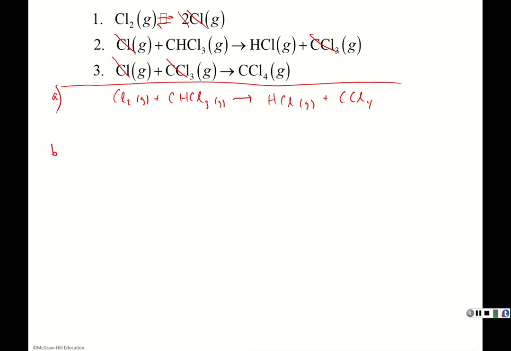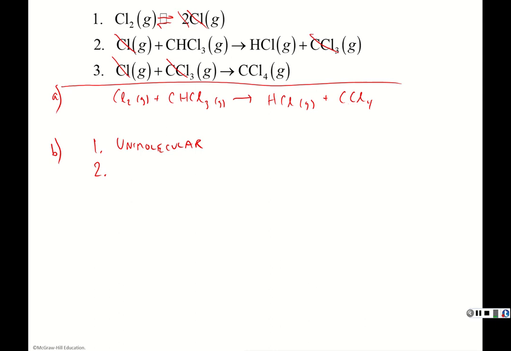Now, if we look at the molecularity of each of these steps, so for step 1, we have a Cl2 molecule that decomposes into 2 Cls. So this would be unimolecular. Right? Because in the direction it's written, we only have one molecule reacting in the reactants.